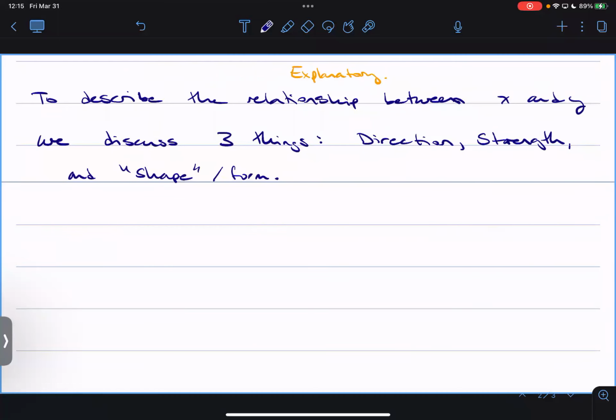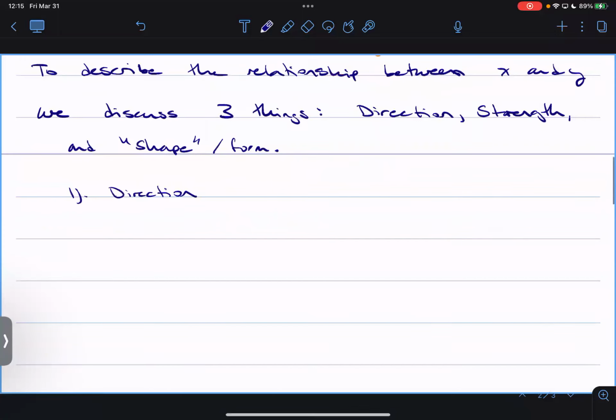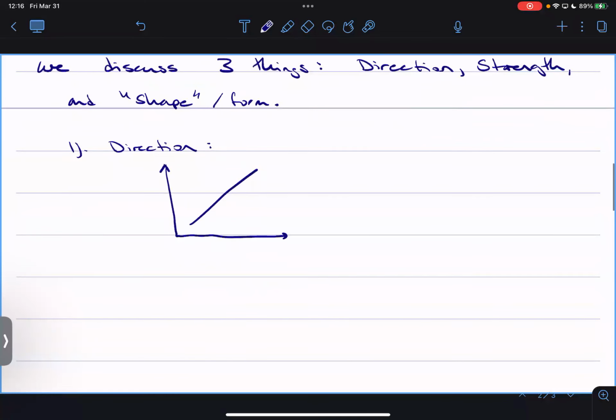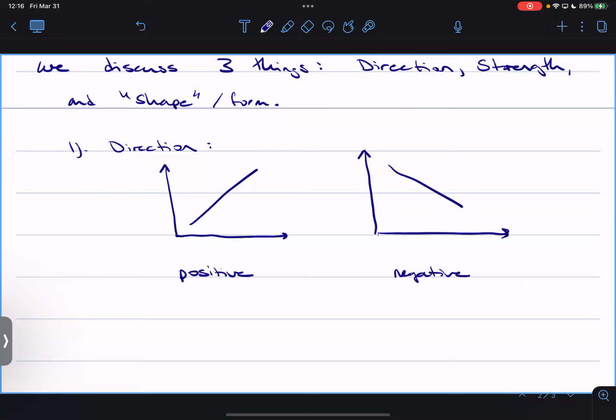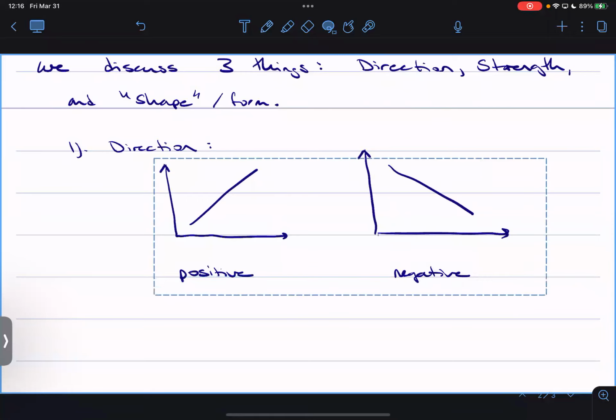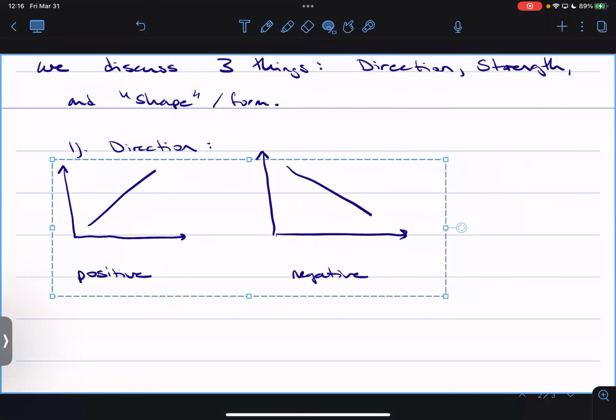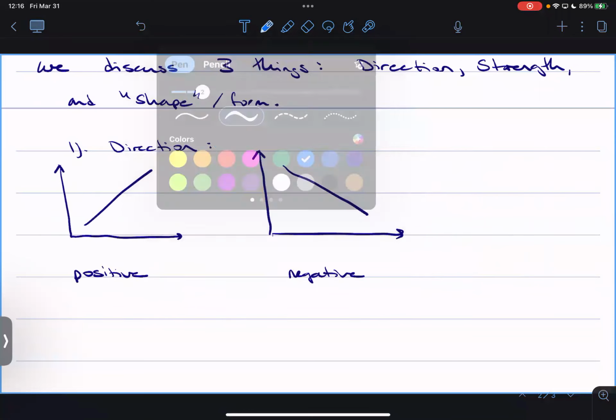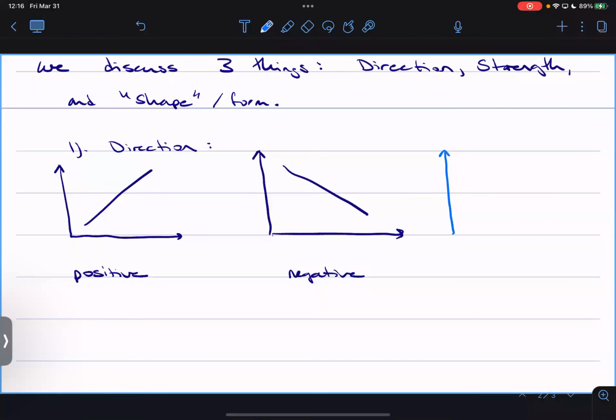But first, let's talk about what our options for the direction are. There are only 2 options. Either it's positive in general, so it looks like this. So this is a positive relationship or a negative relationship, which goes down. I guess the 3rd option, which is not really an option that I want you to use, so I'll use red or something.